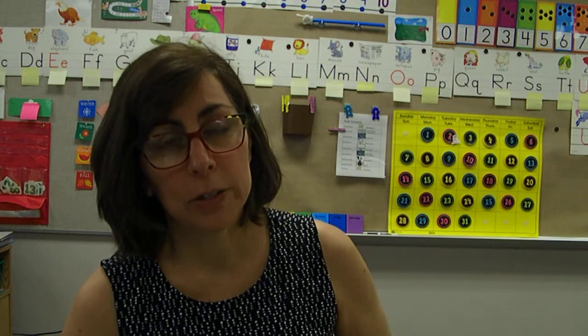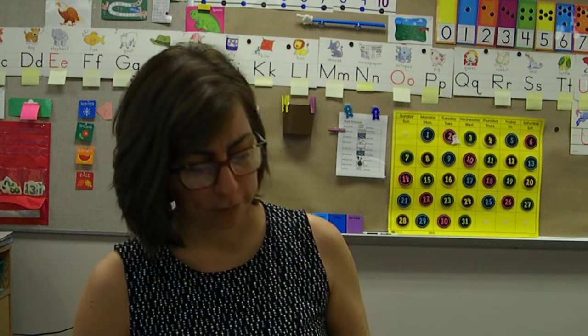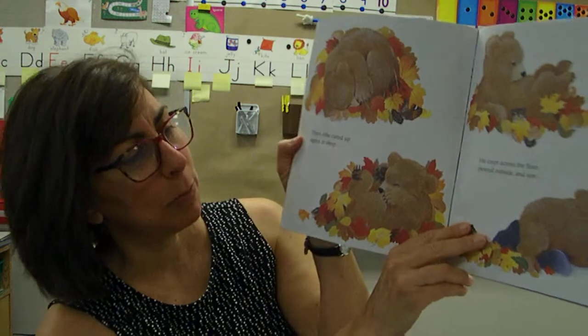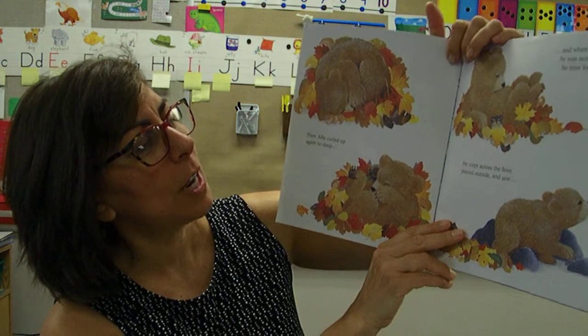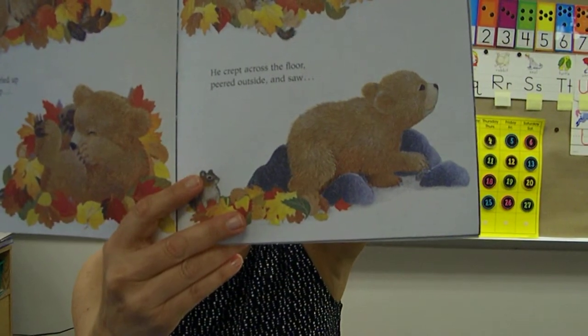I think what Alfie saw earlier were bats, not butterflies. He's getting confused. Then Alfie curled up again to sleep. He crept across the floor and peered outside and saw... What's he going to see this time?